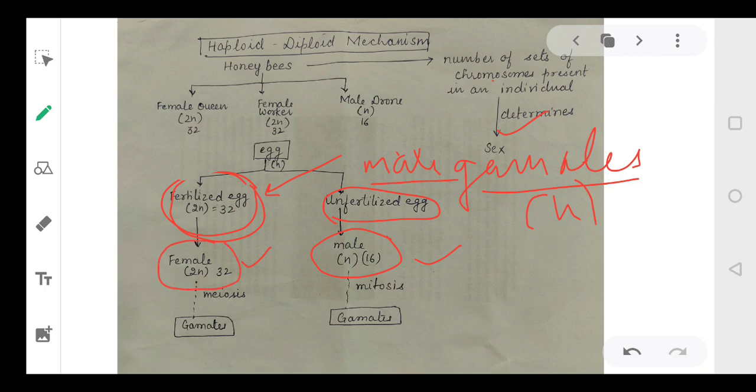तो अब हमारे पास फीमेल हो गई, मेल हो गया। फीमेल दोबारा गैमीट्स बनाएगी और प्रोसेस होगा मियोसिस। मेल गैमीट बनाएगा, प्रोसेस होगा मियोसिस। ओके, क्लियर। सो इन केस ऑफ हनी बी, this haploid diploid mechanism is working. Students, ये question बहुत specifically it is being asked in the board regarding the honeybees. What is the mechanism of sex determination in honeybees?